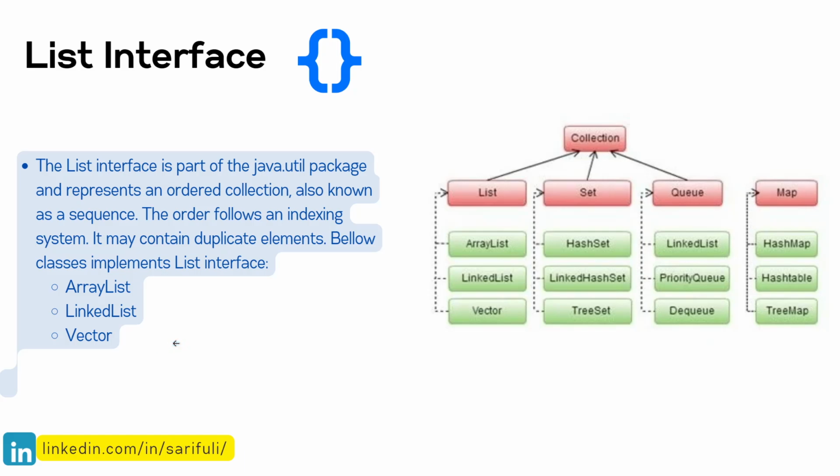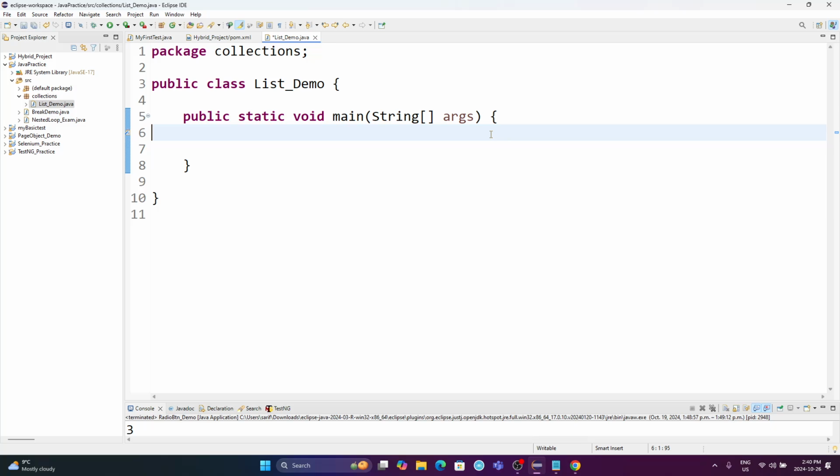Okay, let's see an example. Let's create a list interface. The example could be of any type. So you can say List, and you have to put the type of the list in angle brackets, which is say String.